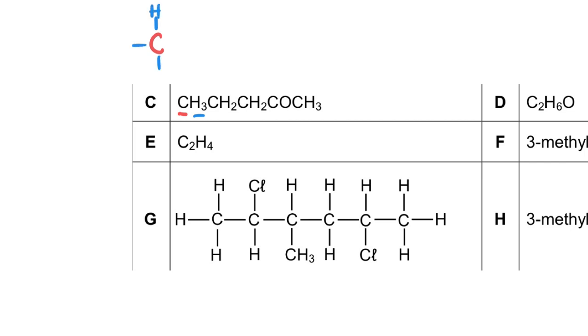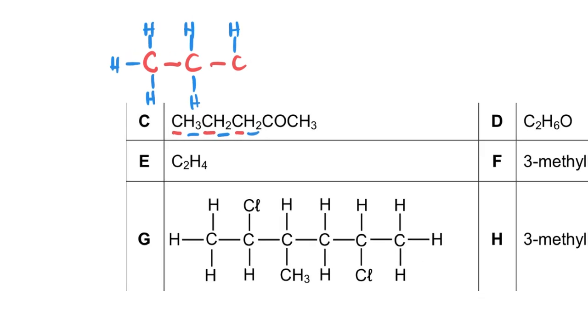I'm going to put the hydrogens in. Then we have the next C there, and it's got 2 hydrogens attached to it. Then we have another C, and it has 2 hydrogens attached to it. So this is the third C, got 2 hydrogens attached to it.